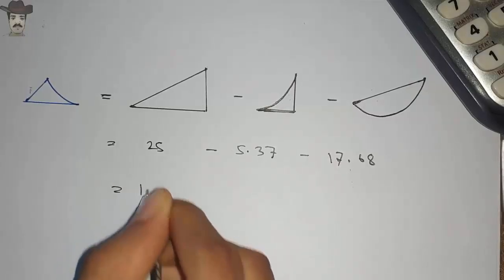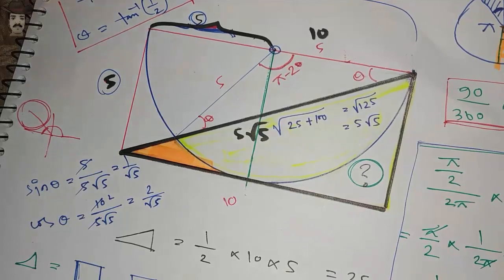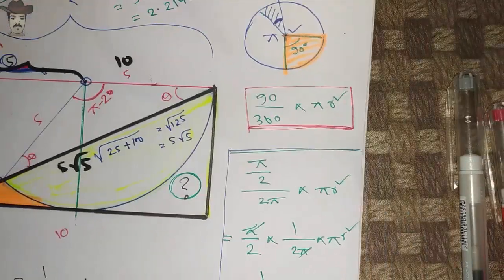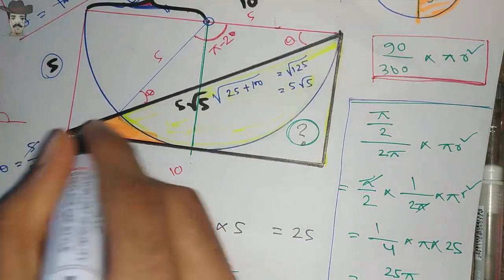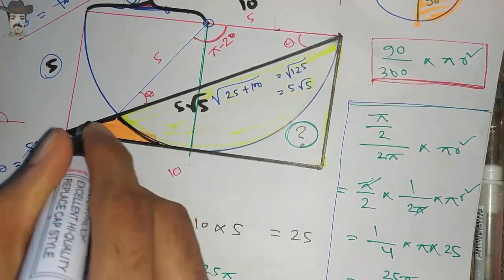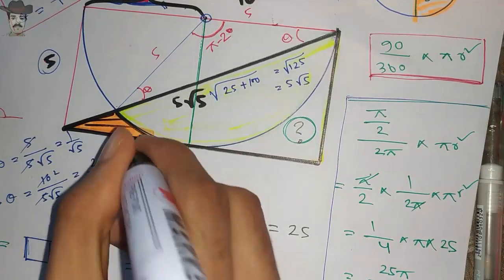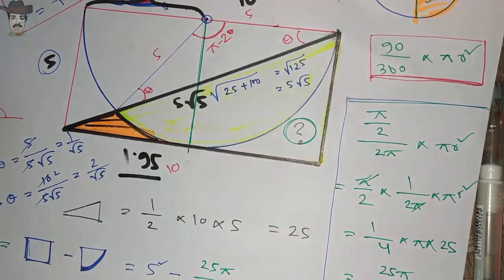The final result will be just 1.95. So now we have solved it, and we have got our desired area. That's it. Thanks everyone.